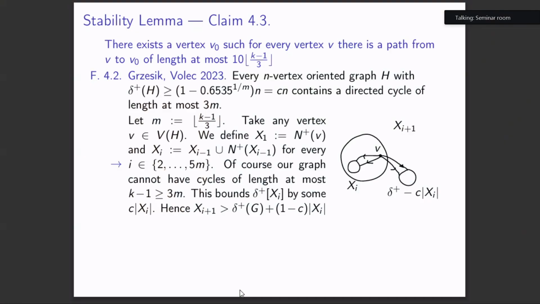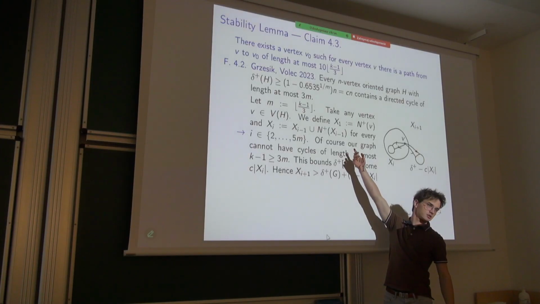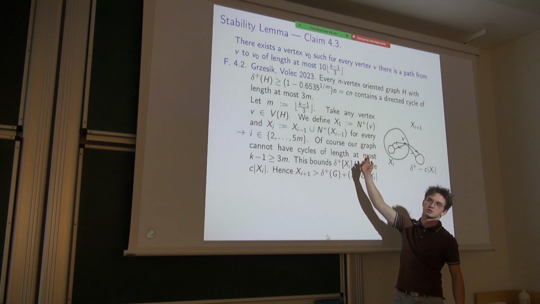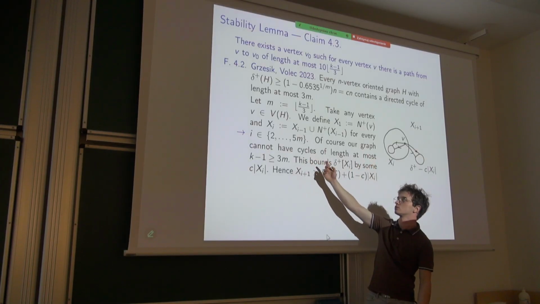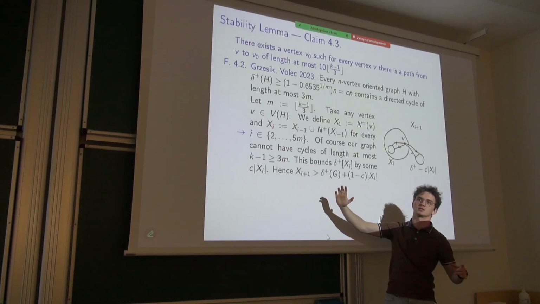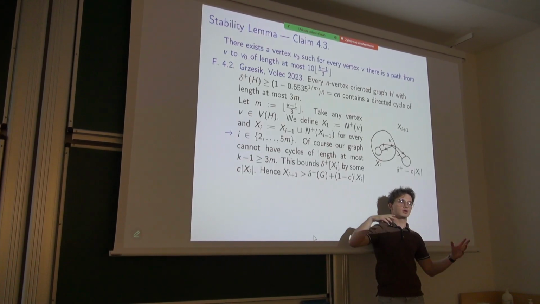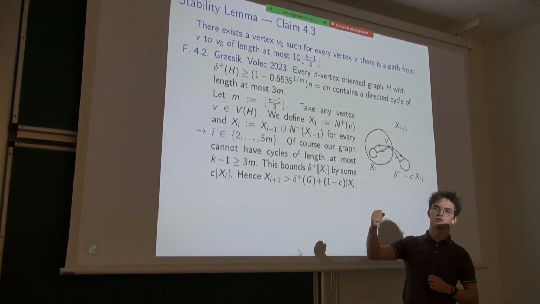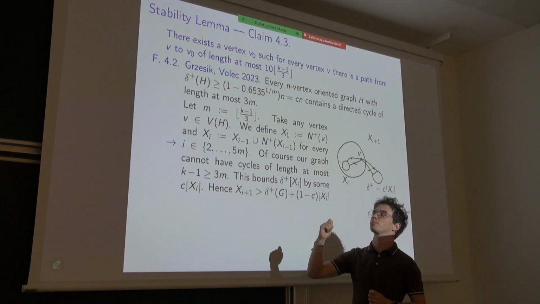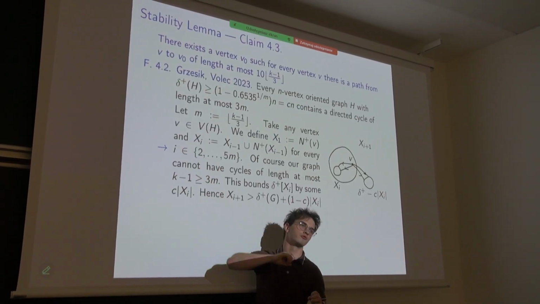Okay. So how we build a tower of out-neighborhoods, and how we show that it must be large: we just define a tower as follows. The first tower is just the out-neighbors, the second is just the previous tower plus the neighbors of the last. So it's simply a set of vertices of distance at most some i, in this case, from V0.